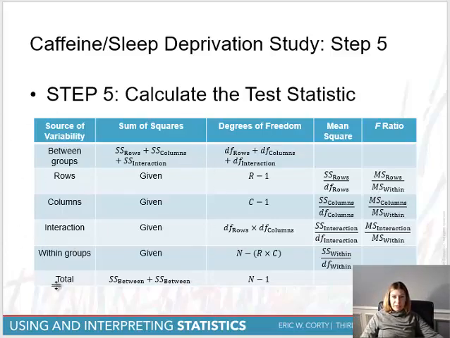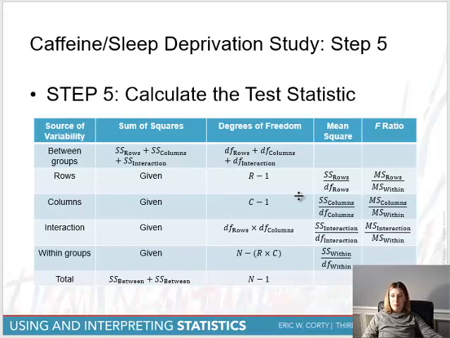So we have our source of variability. We then have our sum of squares, our degrees of freedom, which we just figured out how to calculate. Once we get these 2 columns figured out, everything else is easy. Because a mean square is a fancy word for variance. A mean square, the generic formula is always a sum of square over degrees of freedom. So the mean square for our row variable is always our sum of square for row over degrees of freedom for row.